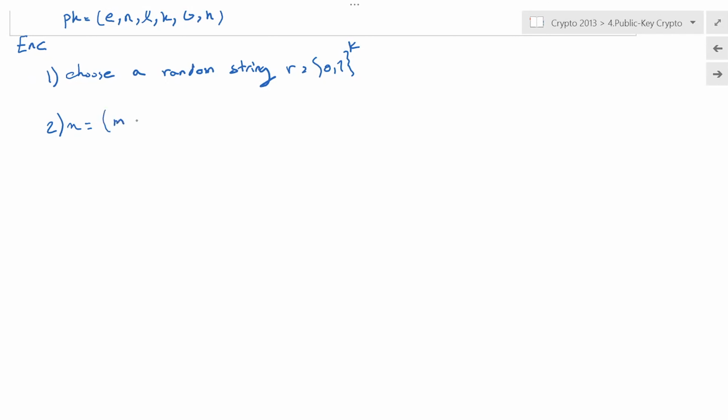We take M, we XOR M with the G of R, and then concatenate this with R XOR with hash of M XOR G of R.